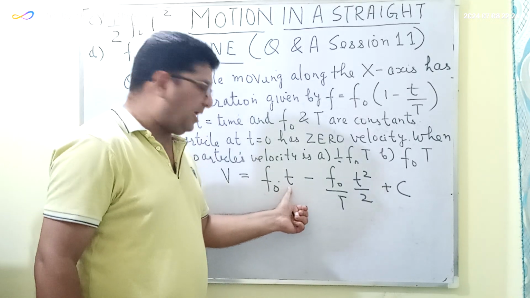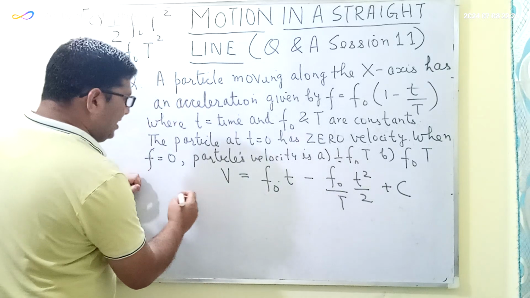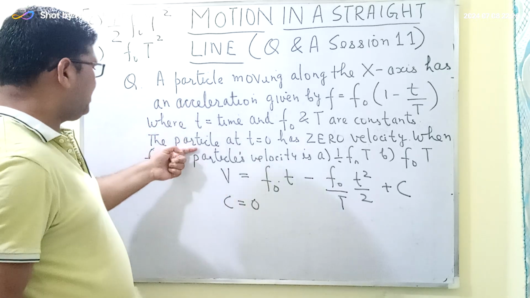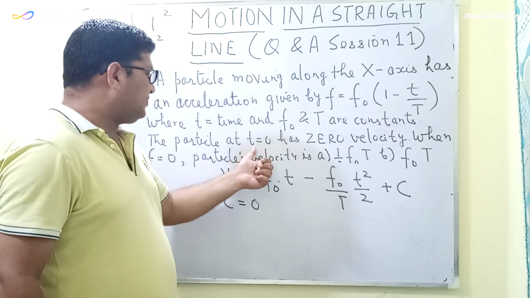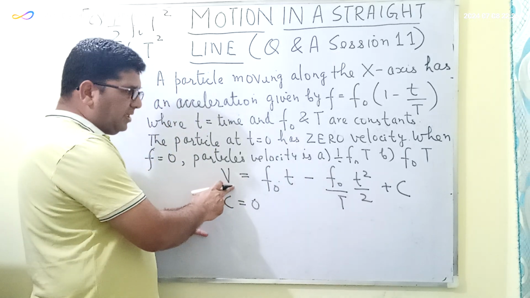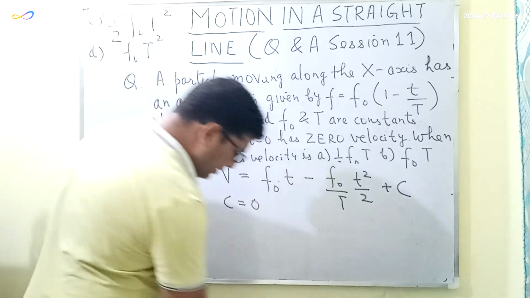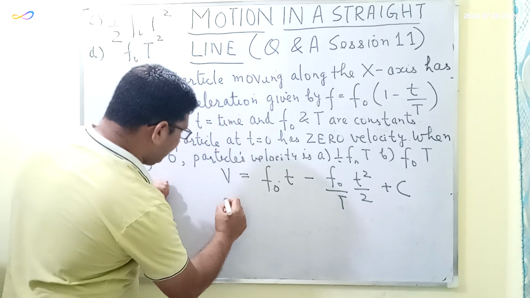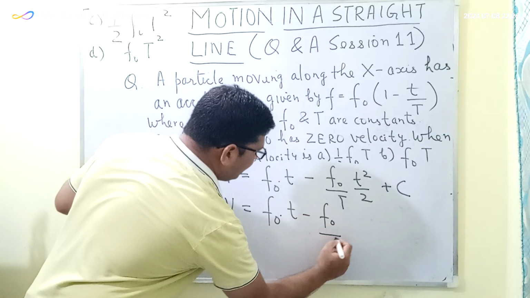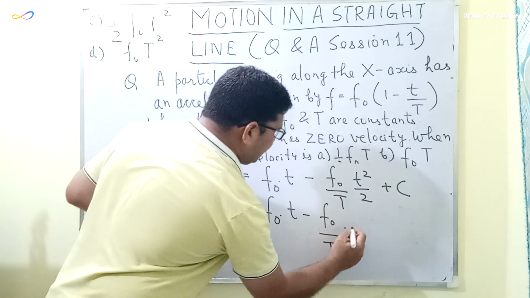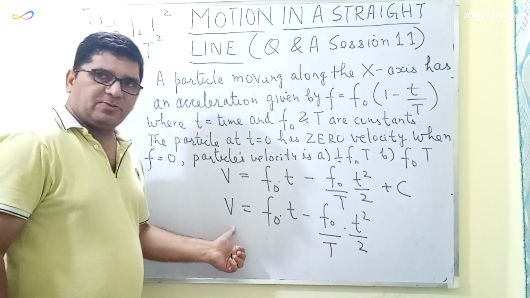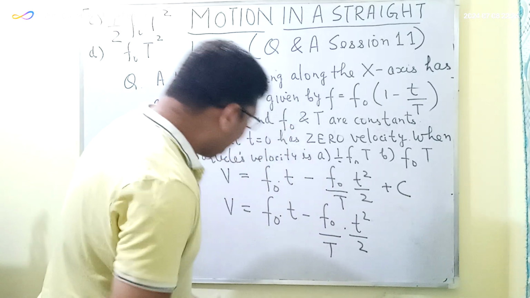So if I put the value of t as 0 in this equation, and the value of v as 0, then the value of c will be equal to 0, and I will be getting the equation for the instantaneous velocity as v is equal to f naught t minus f naught upon capital T into t square upon 2.